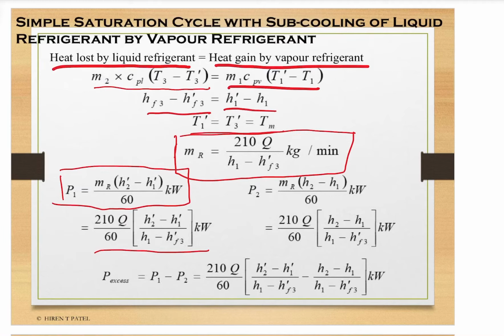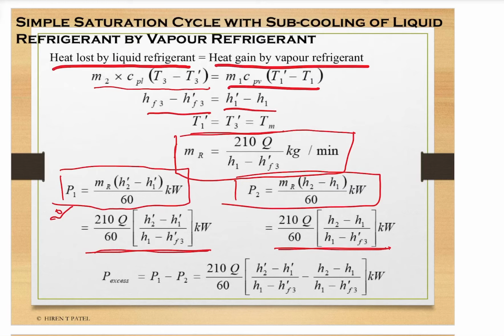and the power required to drive the compressor without heat exchanger is this. This power is with heat exchanger while we use subcooling, and this one is when we are using without subcooling. So this is the power without heat exchanger and this is the power with heat exchanger.